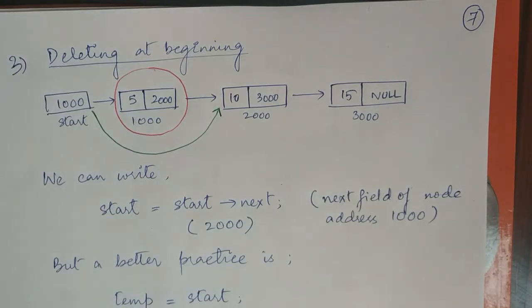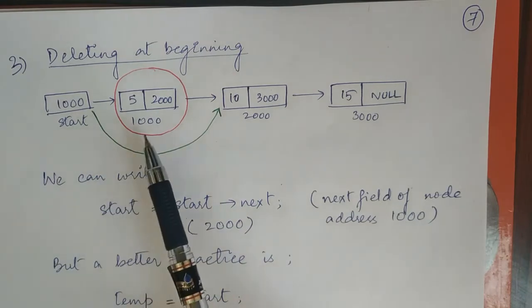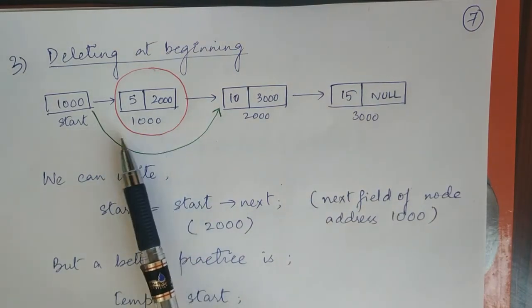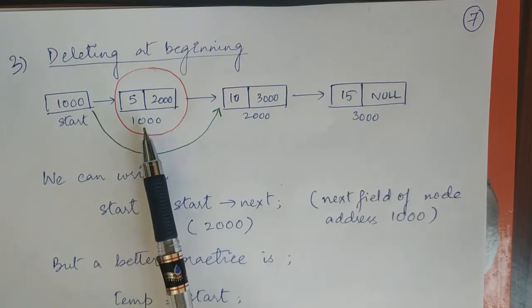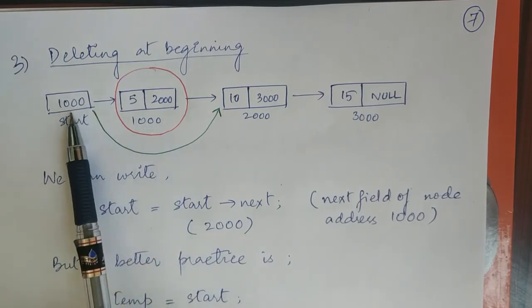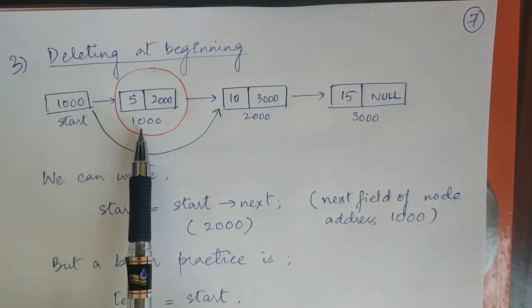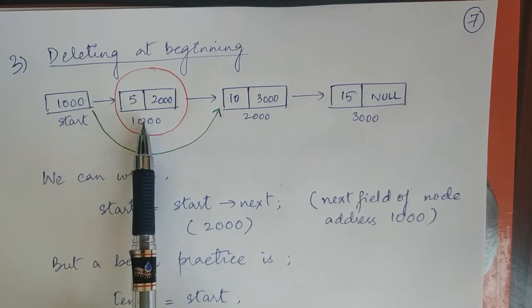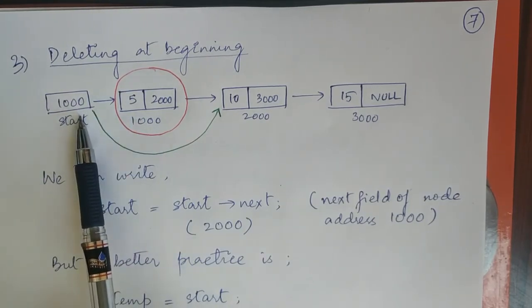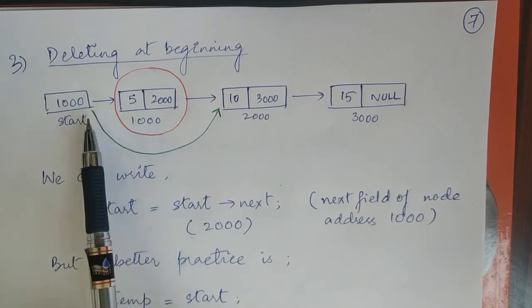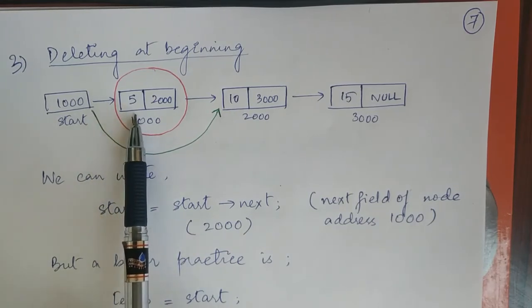So deletion at the beginning means you're going to delete the first node. The first node means the node whose address is present in the start pointer. So deletion at the beginning will include updating the start pointer. What are we supposed to be doing in this case?